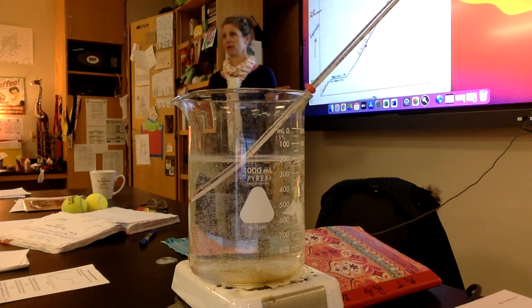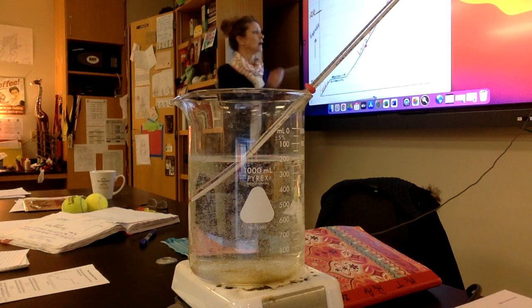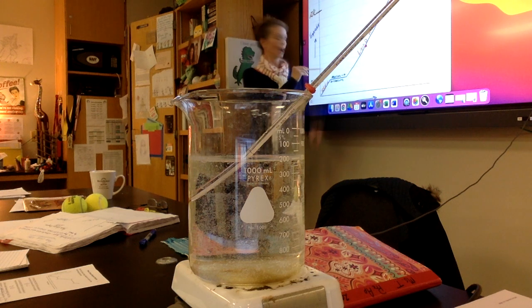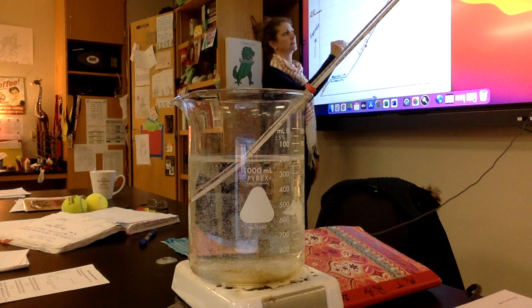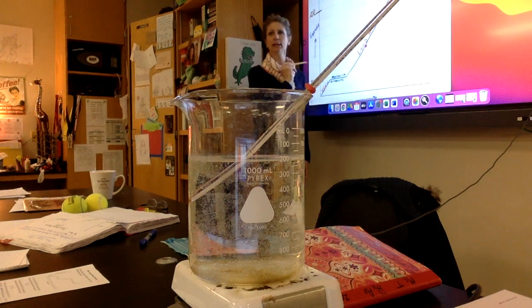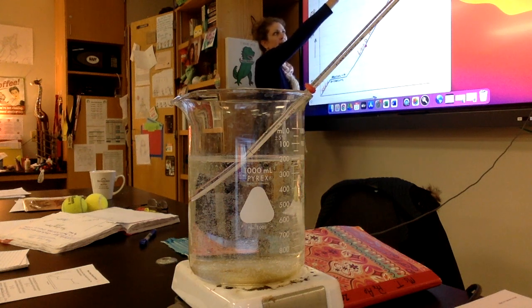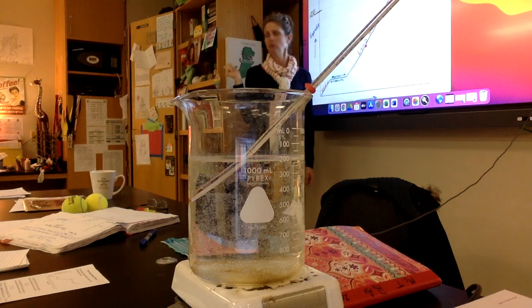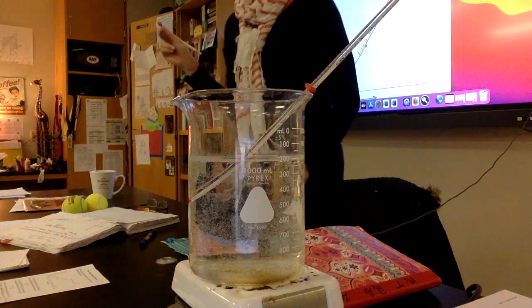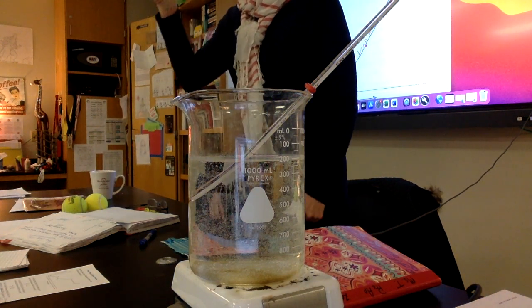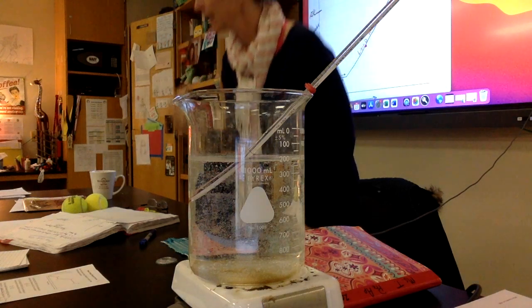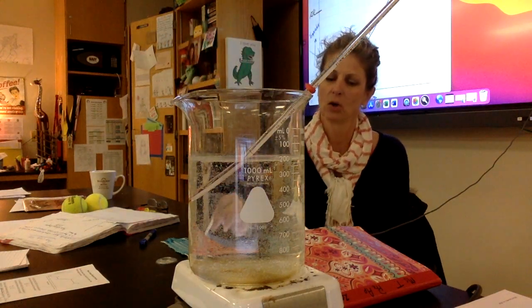So let's talk about this right now. All right, so when I am going from solid ice to liquid water to gas, am I putting heat in to go up or am I taking heat out? And what's that called? In is endothermic.